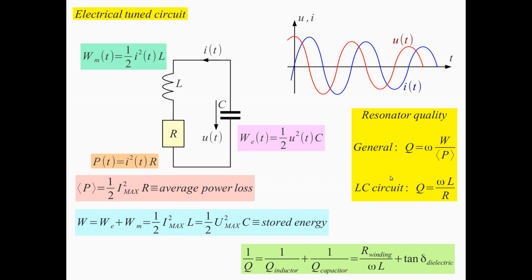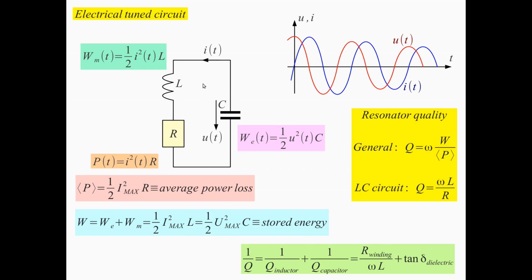For an LC tuned circuit, this general formula reduces to omega L divided by R. So we can simply express the quality of our resonator with the inductance of the inductor, frequency, and the loss resistance.